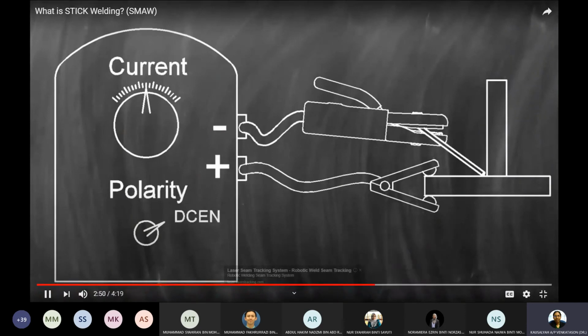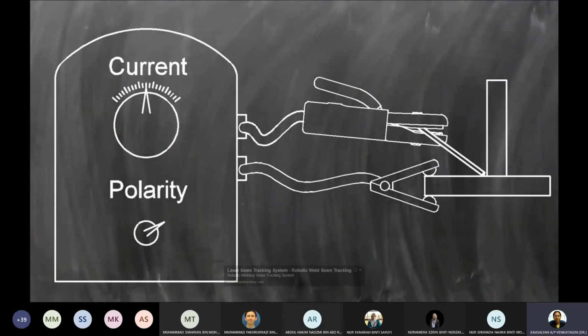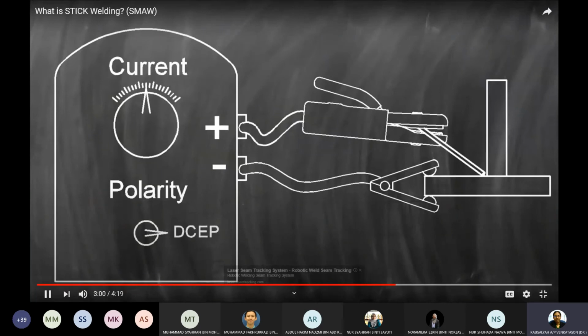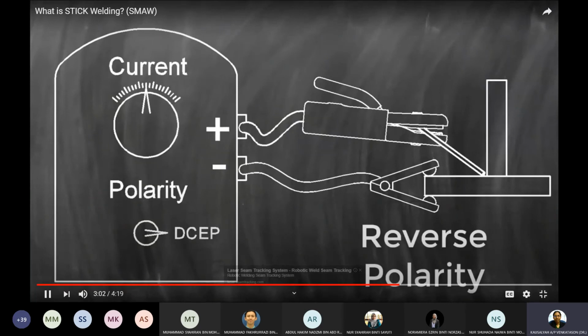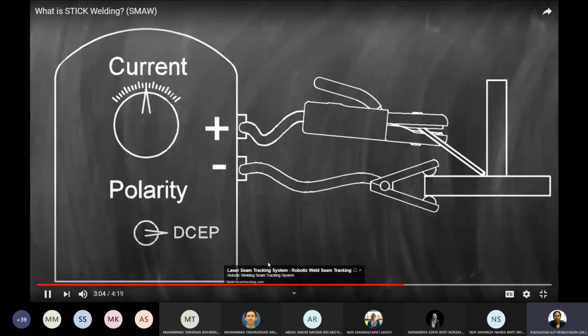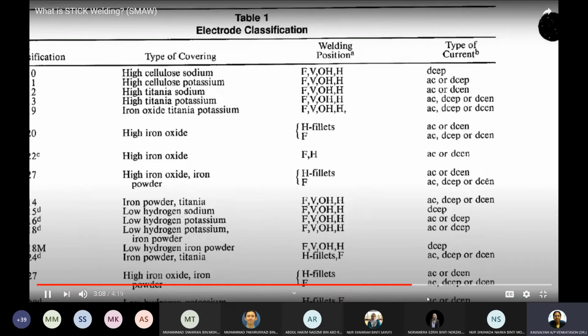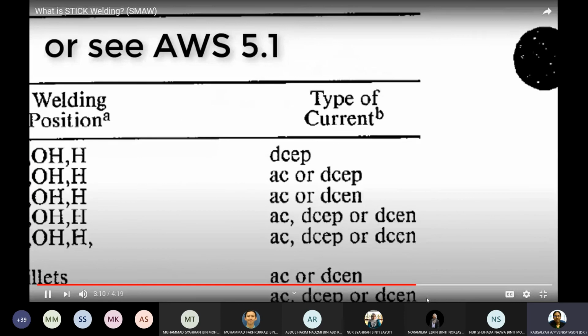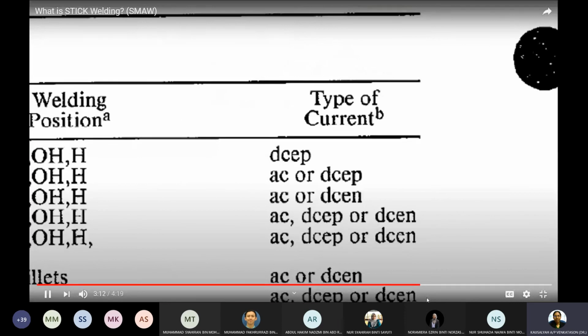In DCEN, the electrode is connected to the negative terminal and the work is connected to the positive. The other way to connect DC is DCEP, which is DC electrode positive, often called reverse polarity. Many stick welding electrodes operate on DCEP, but some are designed to work with DCEN or AC, so check the manufacturer's recommendations for the proper settings.